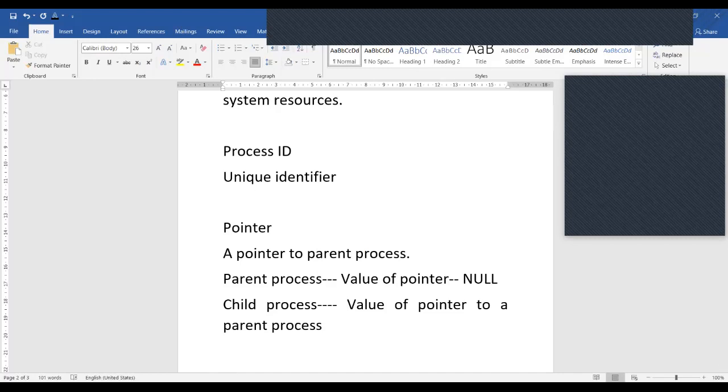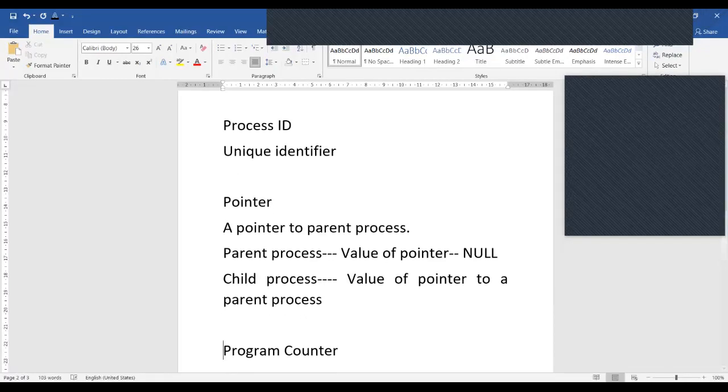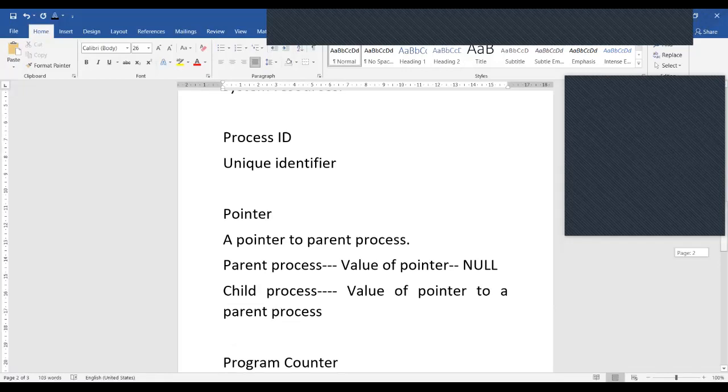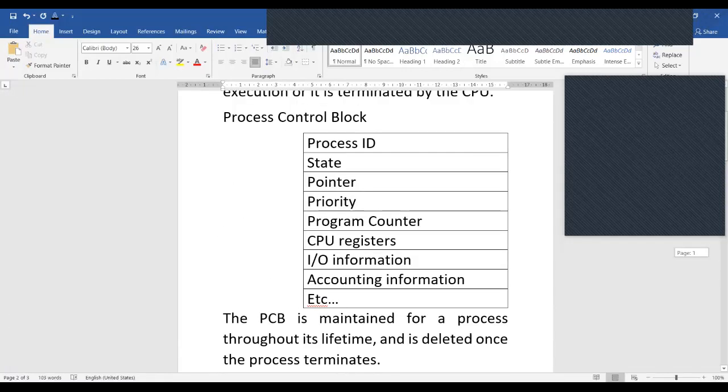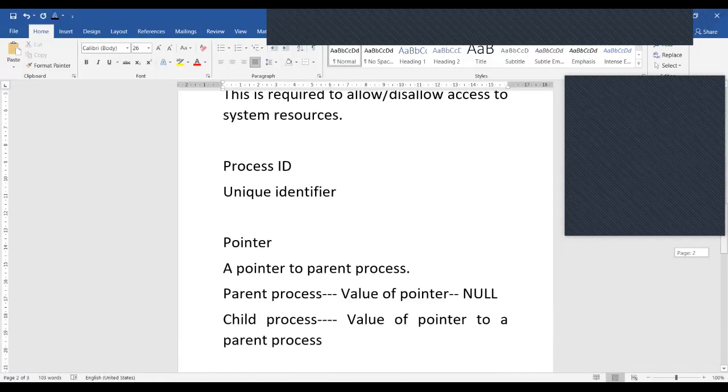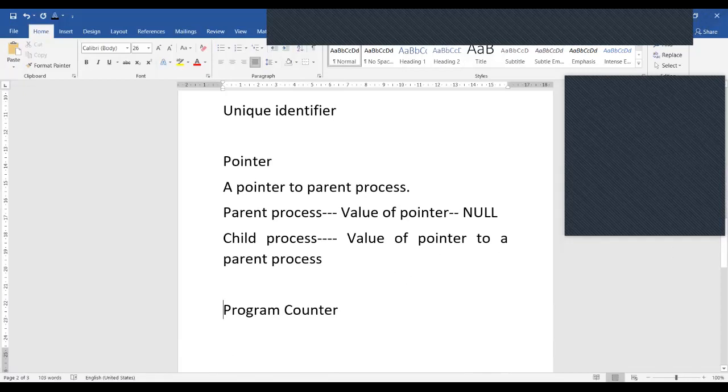Next field is program counter. You can see that in the diagram also. I have drawn the diagram earlier. When I give you this statement, you will see. Priority I am not explaining here. Let me write one line, else you will get confused.